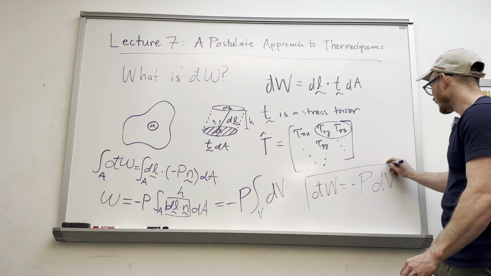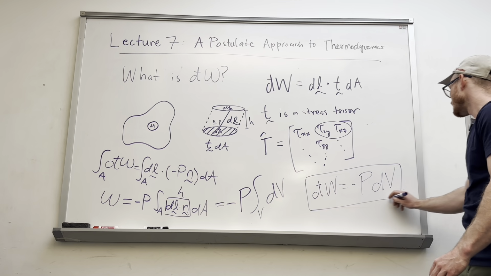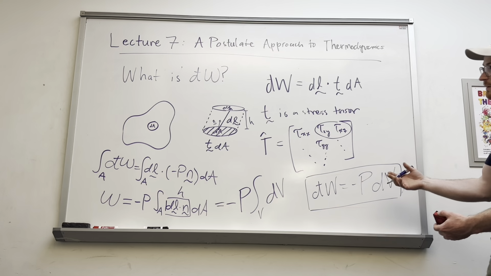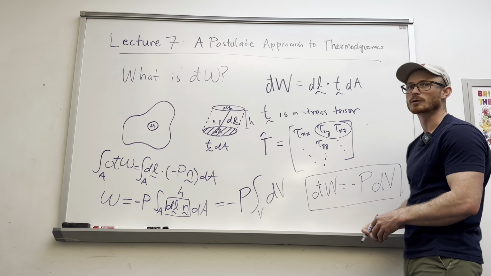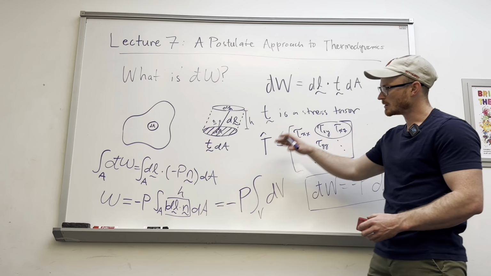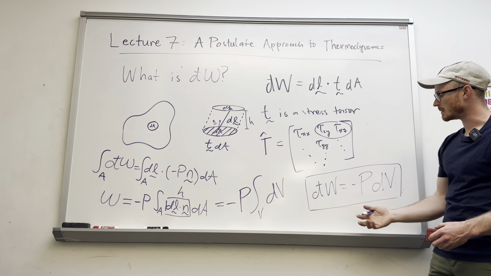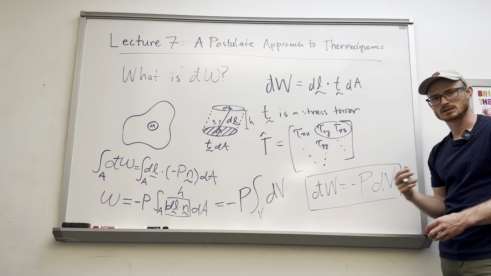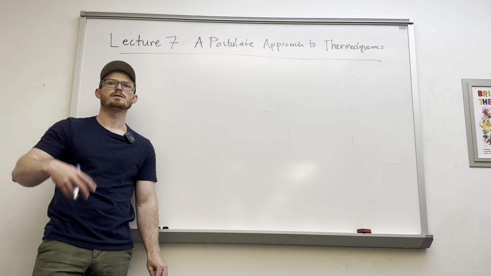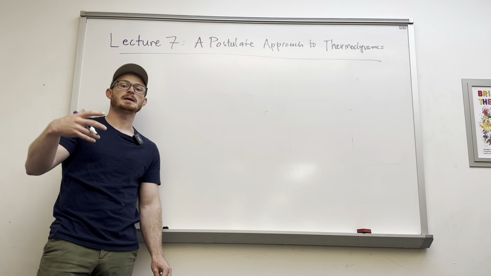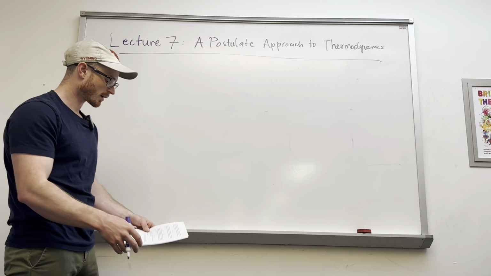You've probably learned this in your other thermodynamics class, but this is a physical argument for where it could come from. We've just gone from looking at a material body, deriving what the work would be, and calculating dW equals minus P dV. So we've just learned where P dV comes from.